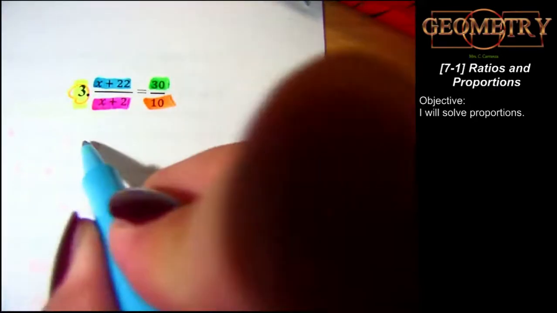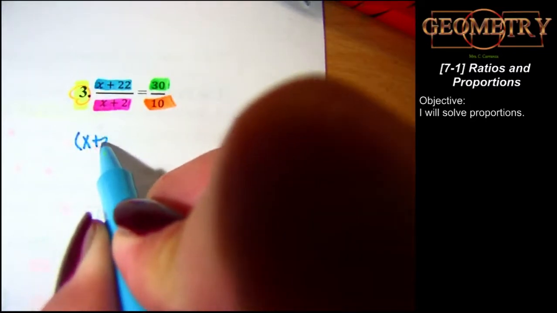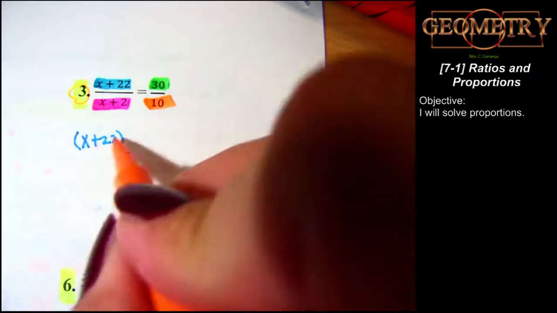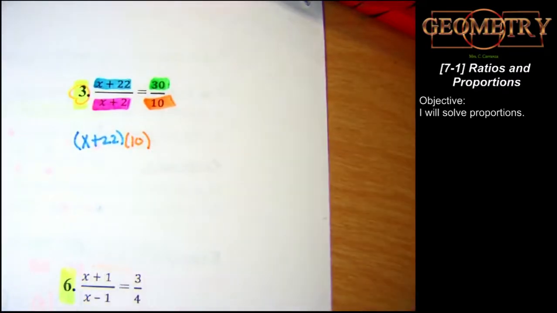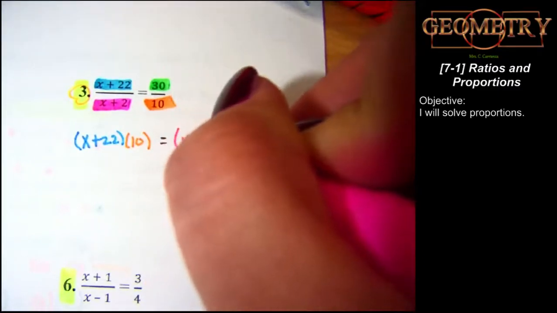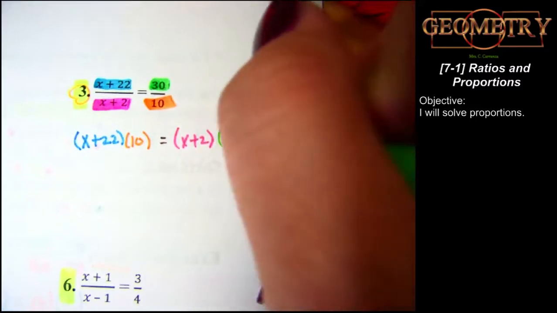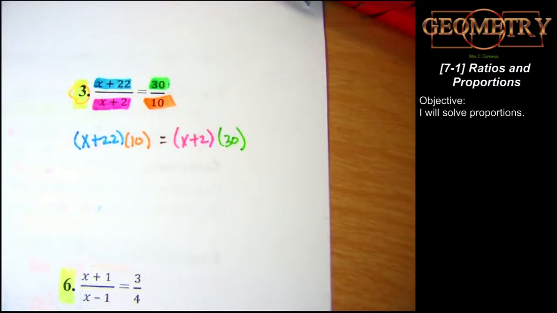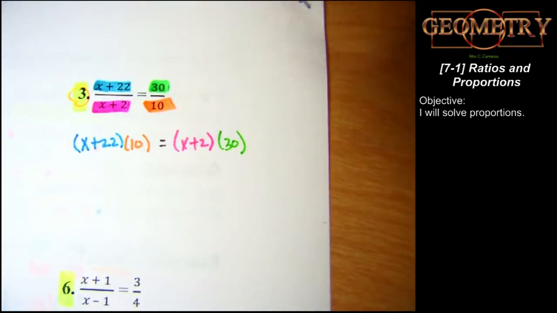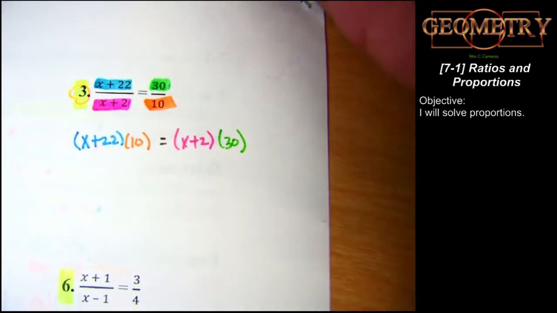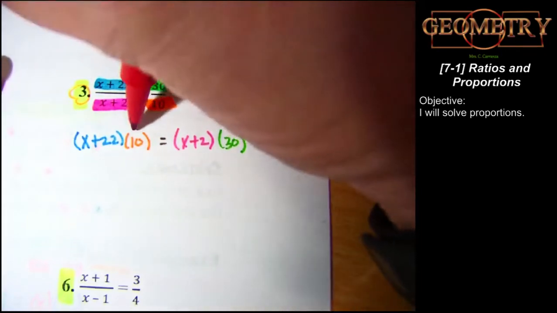Cross multiplication says take the extremes, the numerator of one of them, multiply it to the denominator of the other, and repeat for the other set. And now we've got some distribution happening, which is only challenging if you don't keep track of what you're multiplying to what. Okay, so I'm going to use colors. Taste the rainbow, guys. I'm going to use colors to help us keep track of what we're doing.